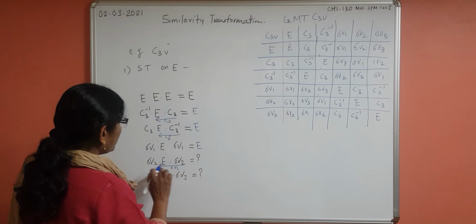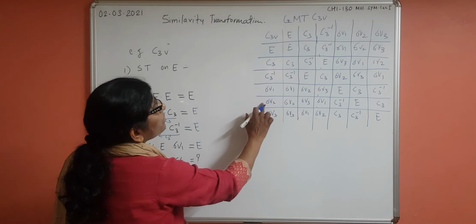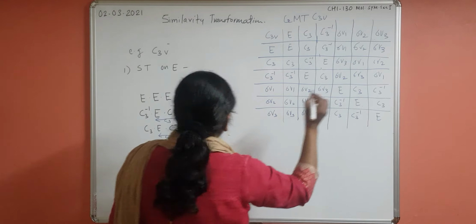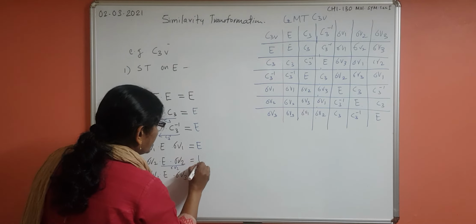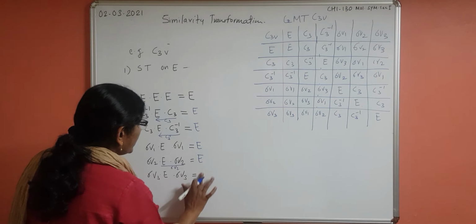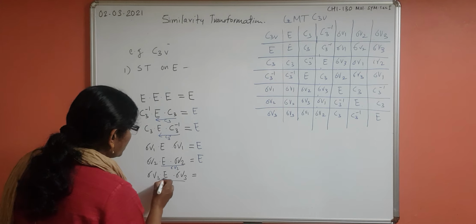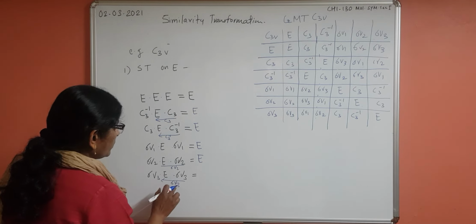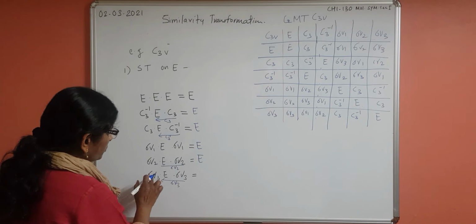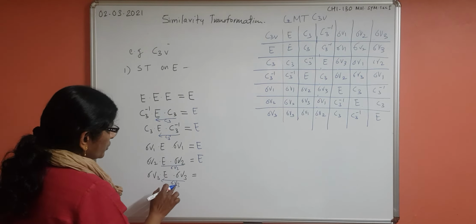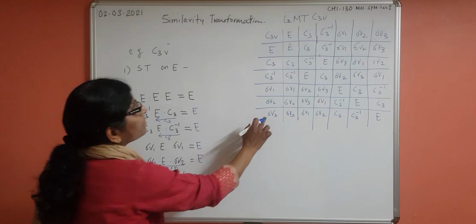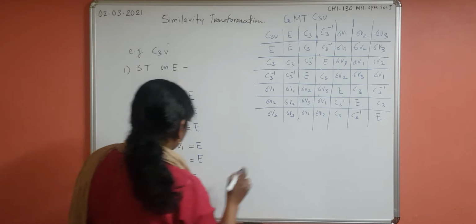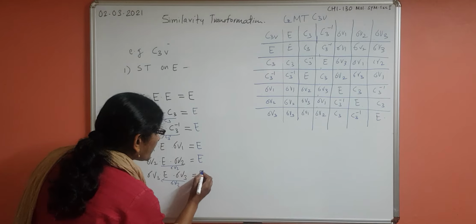Now sigma V2 into sigma V2, this answer is identity again. Similarly sigma V3 into identity is sigma V3, and sigma V3 into sigma V3 is, again, identity.